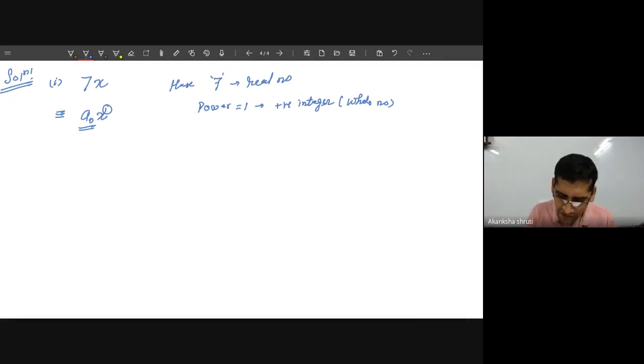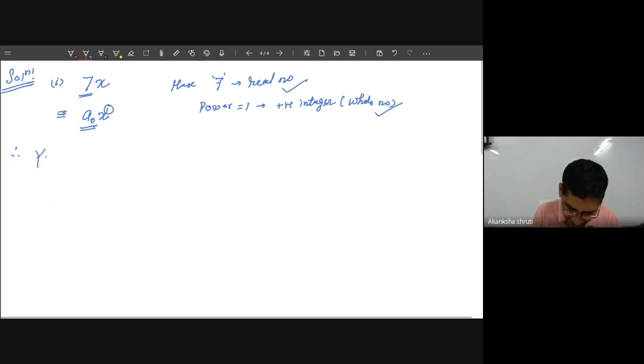So therefore, the two conditions, what was the first? The coefficient, the multiplication of the variable with some real number. So it is real, it is satisfied. The power of the variable should be a whole number. It is satisfied. Therefore, what is the answer? Yes, it is a polynomial.